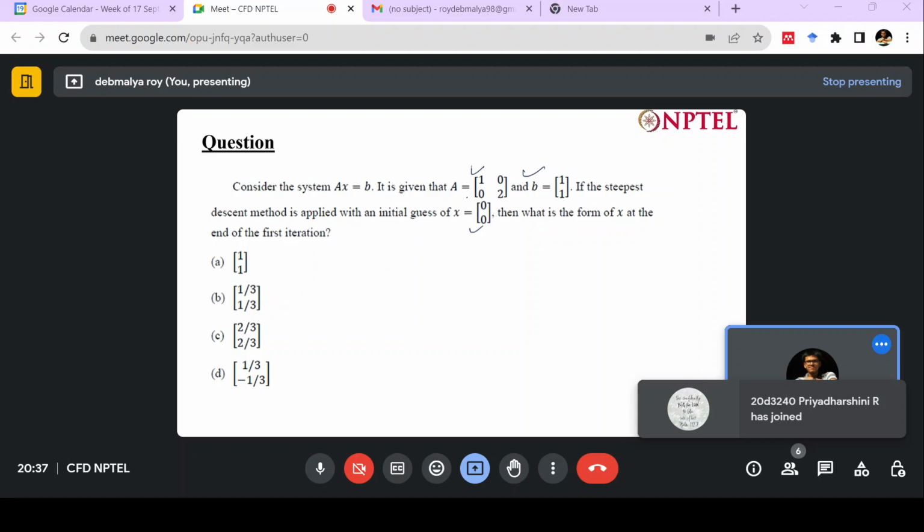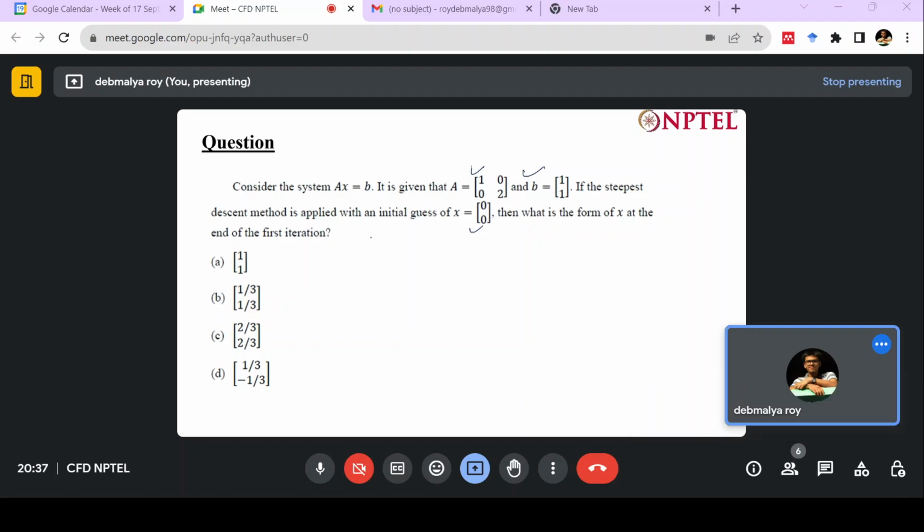Here basically we have to find out f. The form of f is x transpose A x minus b x transpose plus c.